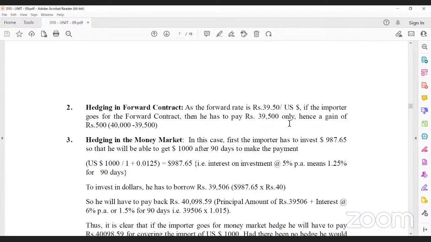If the importer goes with this choice, then 39,500 only he has to pay. Now, with this, we understand that there is a difference of 40,000 minus 39,500, which goes to 500. This 500 rupees is again a gain to the importer. Okay, now this is the forward contract case.